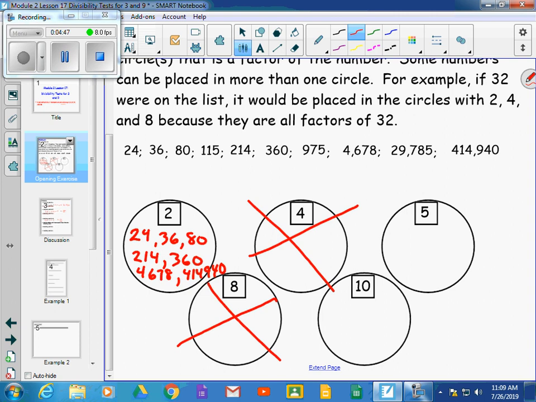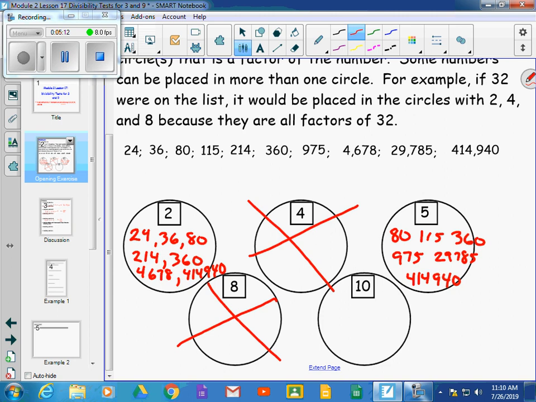Over here on the 5s, you should have had 80, 115, 360, 975, 29,785, and 414,940.